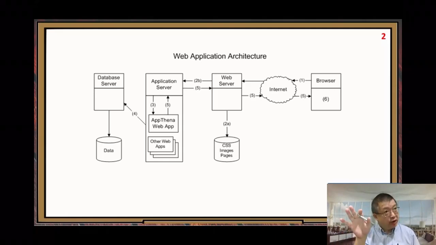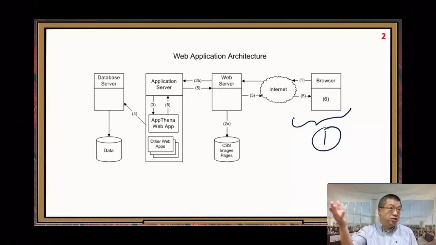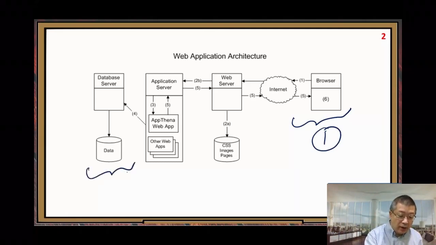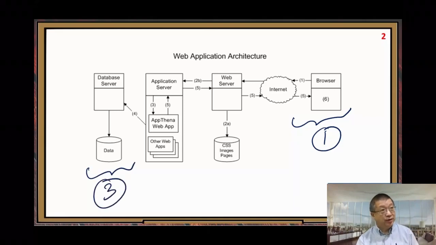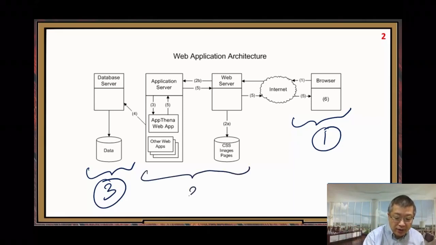3-tier architecture. Tier number 1, the client side. That's easy, so I do not need to spend much time talking about that. And tier number 3, database side, also relatively easy. Now the hard part is tier number 2.